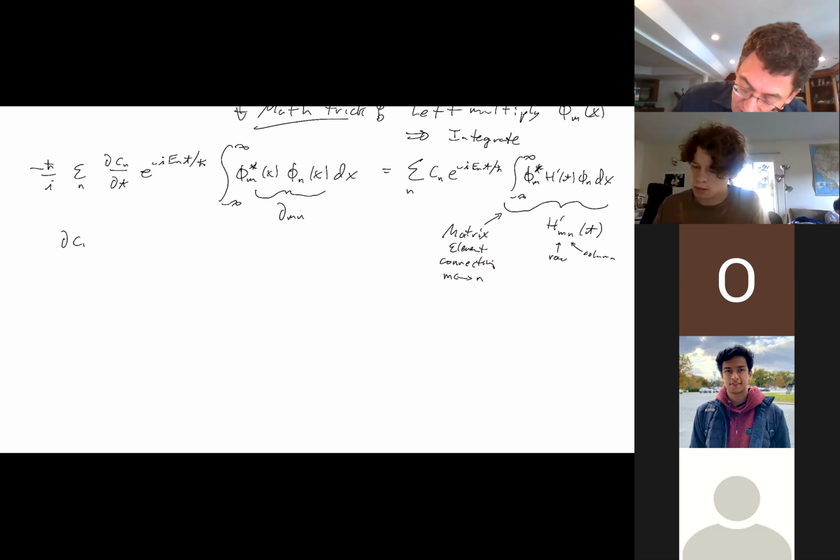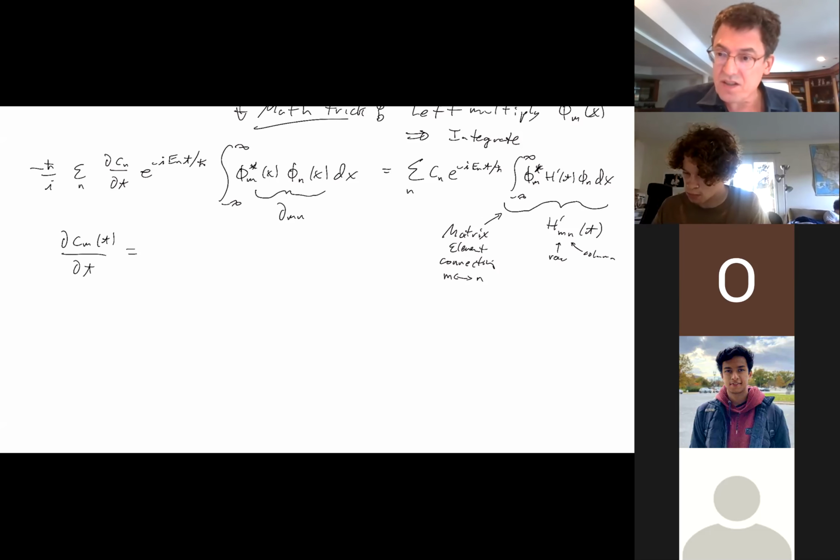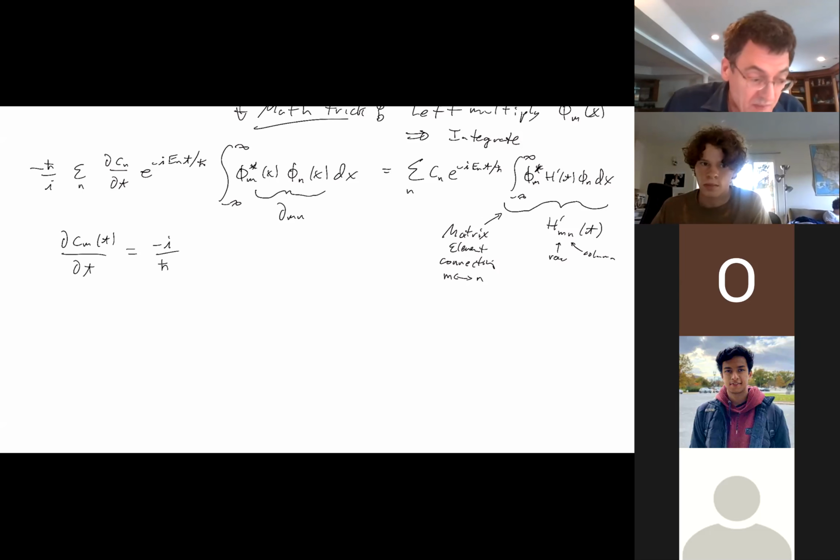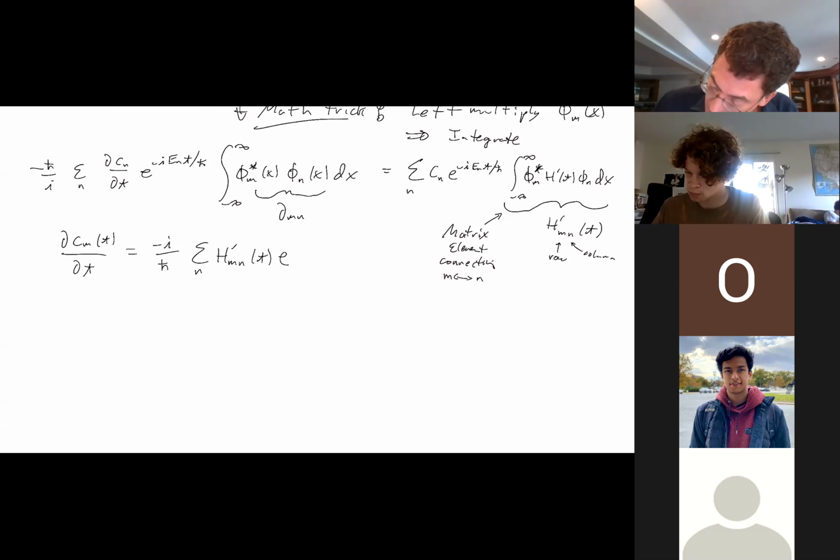Now taking it all together, then we get this: dCm of t/dt on the left, because the left side collapsed, and I can do one line of algebra and I get minus i over h bar, the sum over n of this matrix element H prime mn of t e to the negative i (En minus Em) t over h bar times Cn of t.